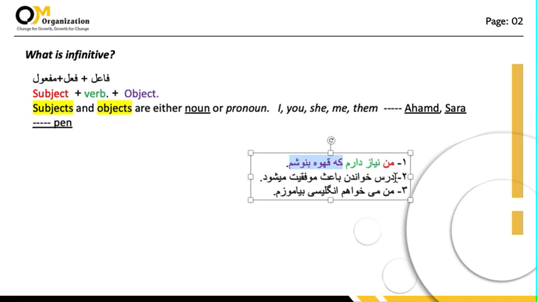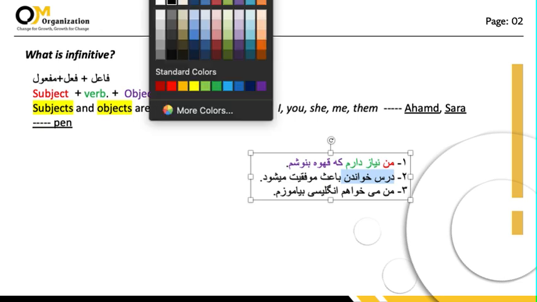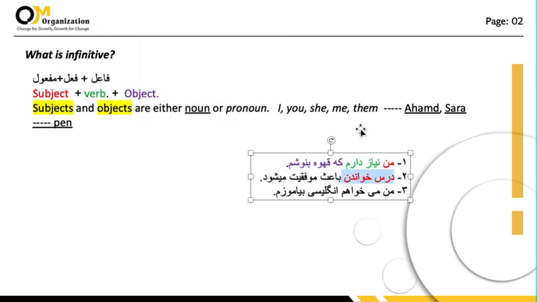Then we have درس خواندن. It's in the beginning, so it's our subject. And we said our subject can be either pronoun or noun. So here it is a noun. باعث می شود, باعث شدن, it's our verb, and موفقیت, it's a noun, sorry, not adjective.